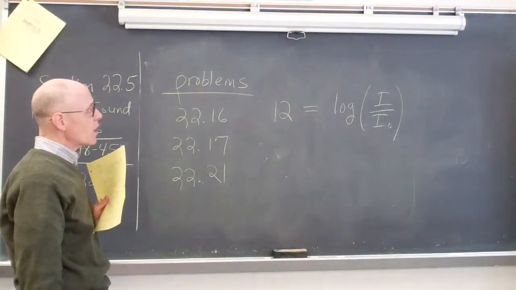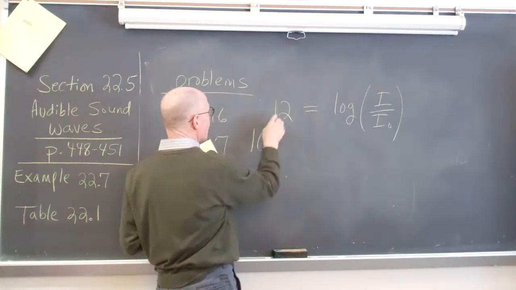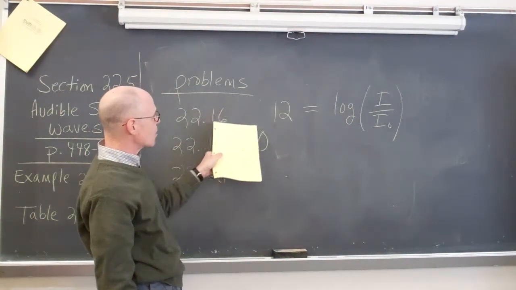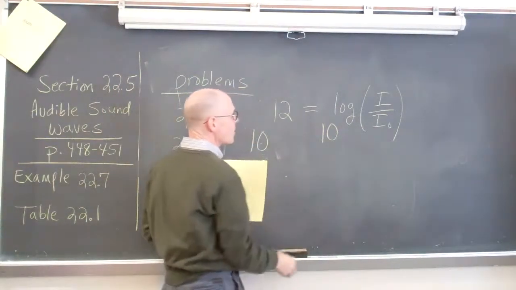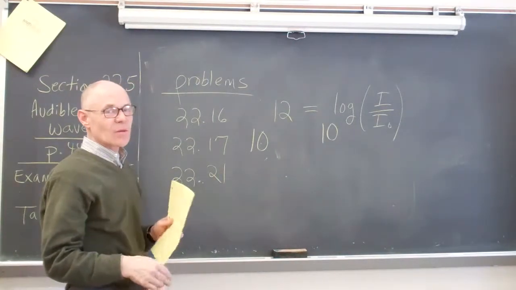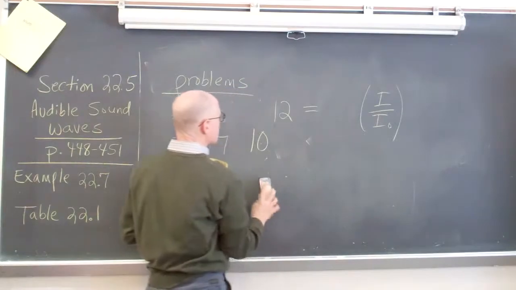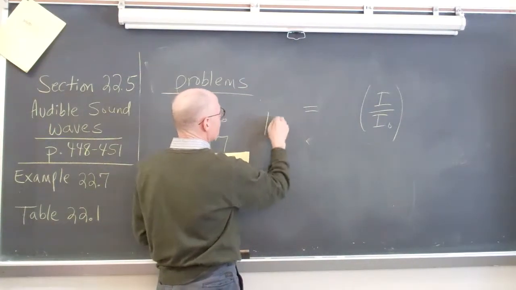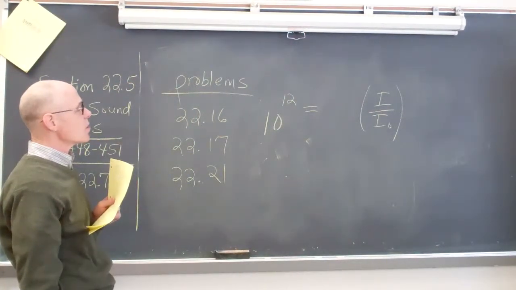So now we get rid of the log function. If we do base 10 with this being the exponent, 10 to the x, and then we do the same thing over here, that serves to eliminate the log function. So right now we have 10 to the 12th equals I over I0.